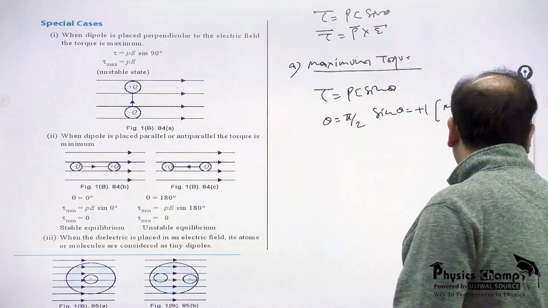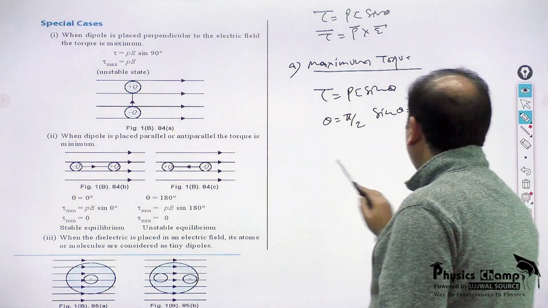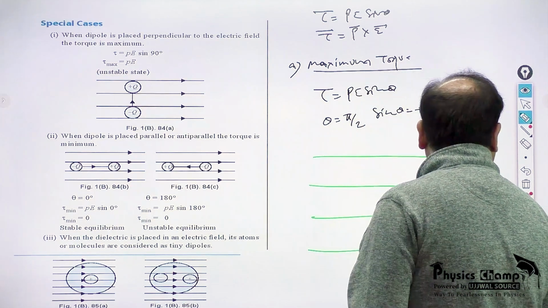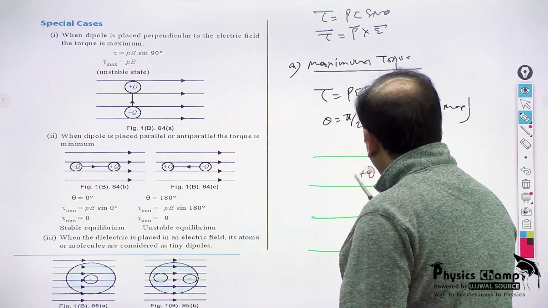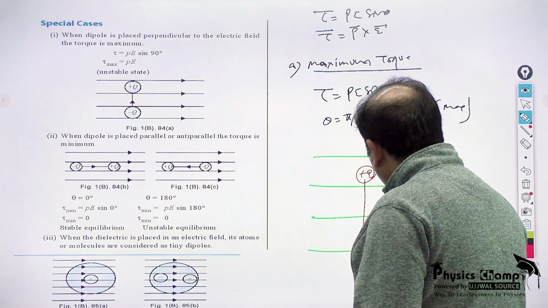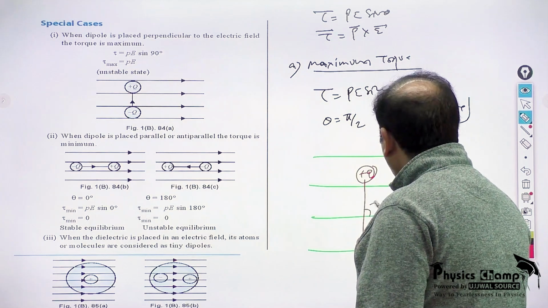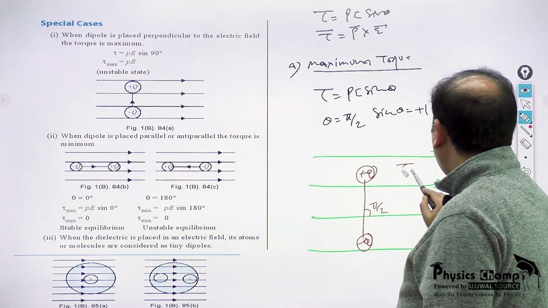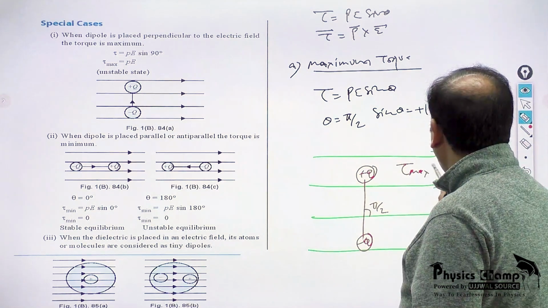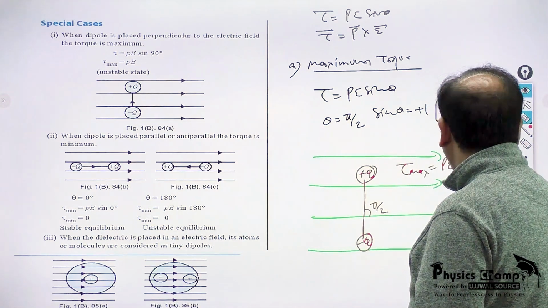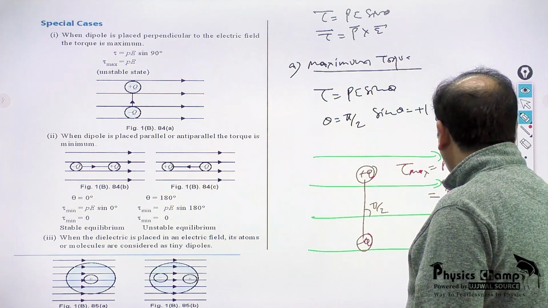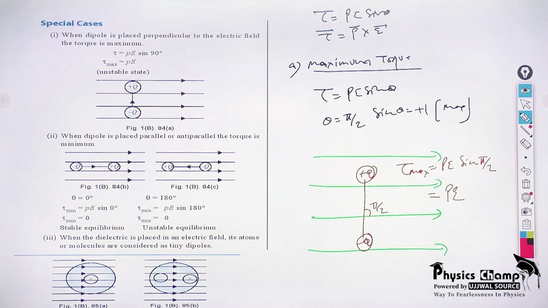So if we have the electric field here and the dipole is placed perpendicular, then surely the torque is maximum, and that is PE sin 90. For the same arrangement of P and E, the maximum torque will have a value PE.